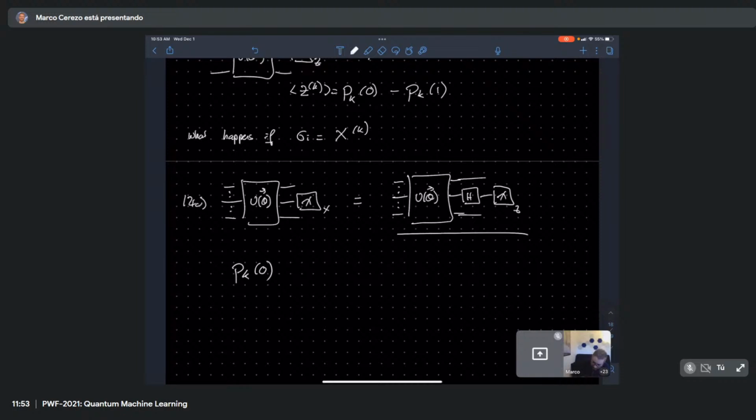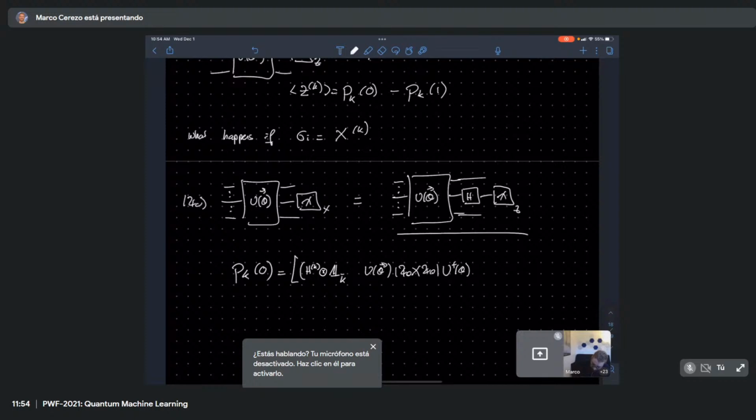What is this exactly? Well, we know that we have here the expectation value of the following: I take my state, I evolve it through U, I have here psi_0, U dagger of theta. And at the end, I'm going to implement a Hadamard just on the kth qubit. The way that we say this is I have a Hadamard on the kth qubit and nothing else on the rest of the qubits, which I'm going to denote as k bar, the complement of k, which is the identity on the rest of the qubits.